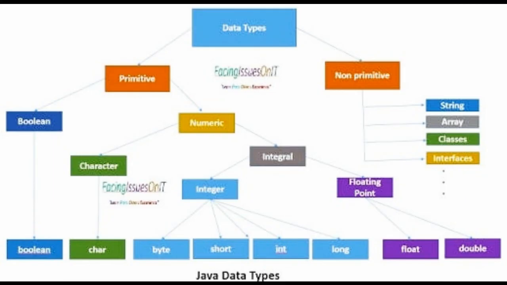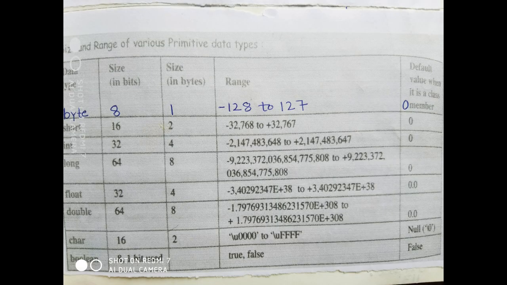Now we are going to see the range and default value of the data types. Here the primitive data types have a fixed size, range and default value. See here, byte has 8 bit. That 8 bit is equal to 1 byte, its range is minus 128 to 127 and its default value is 0.